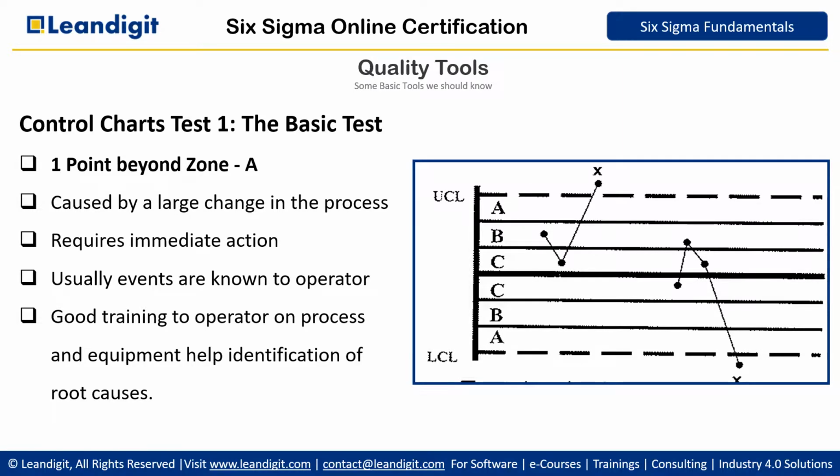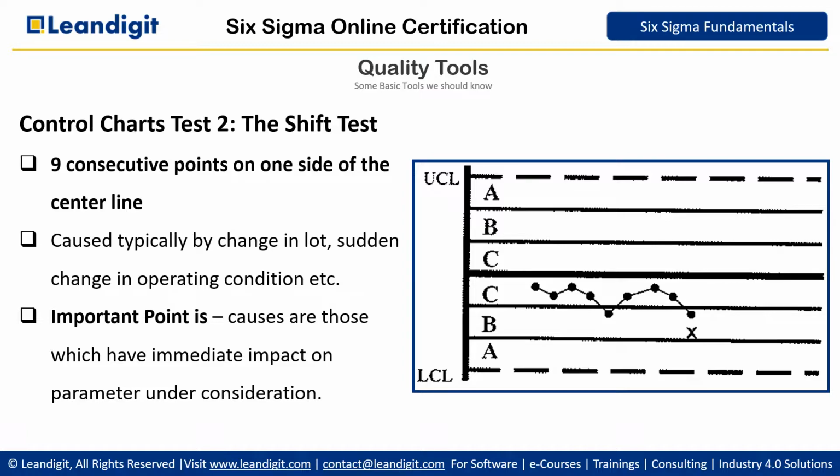Usually this event is known to the operator. Good training of the operator on process and equipment helps identification of root causes of such types. The key learning is that this cause cannot go missed if seen on a control chart.